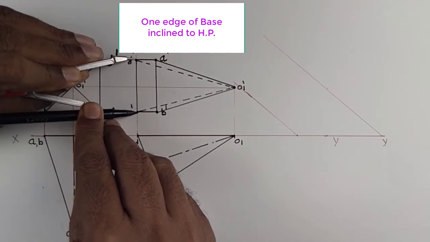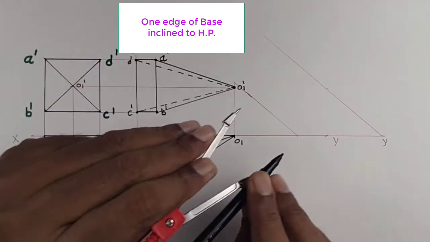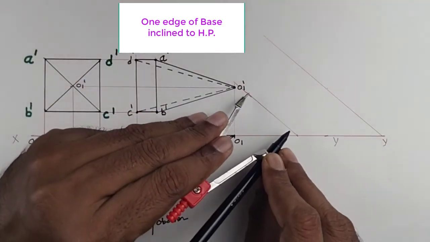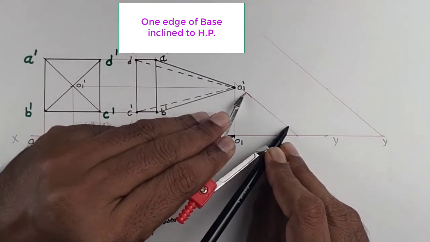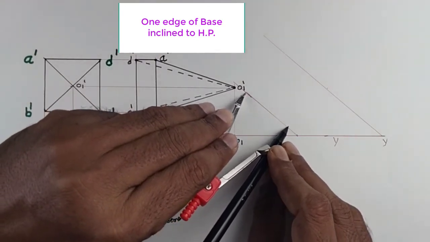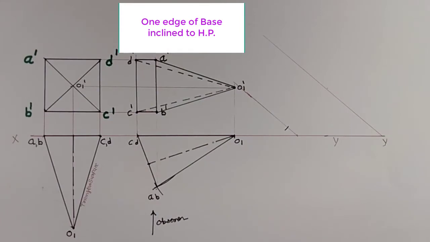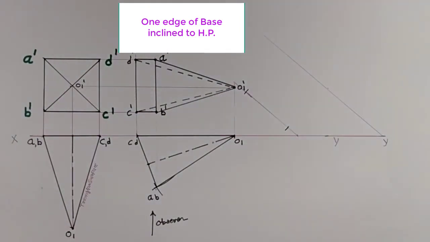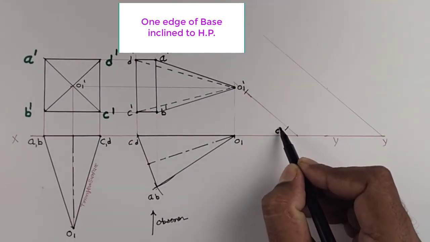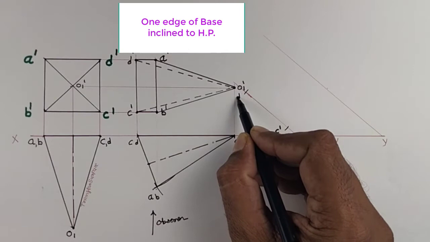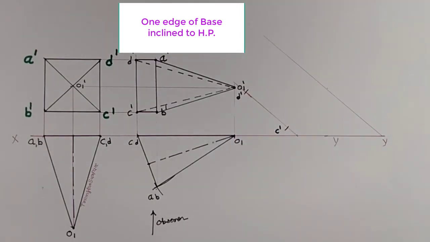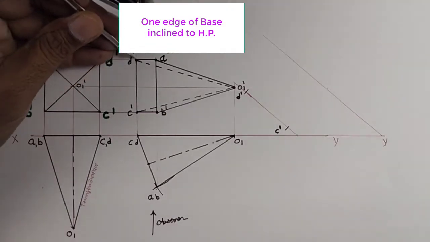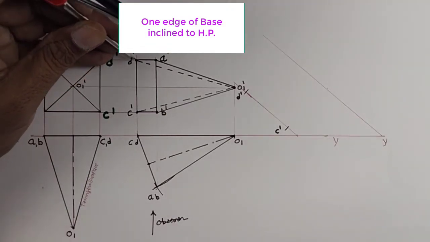The C dash D dash is nearer to the observer. I mark the points. So I can write the C dash, it is our D dash. Now you have the apex.